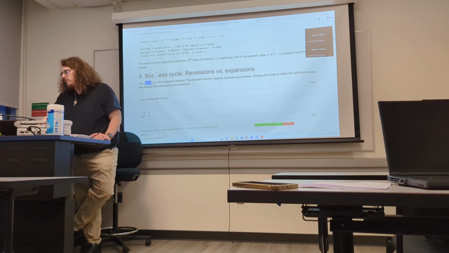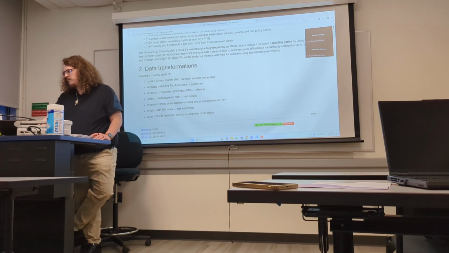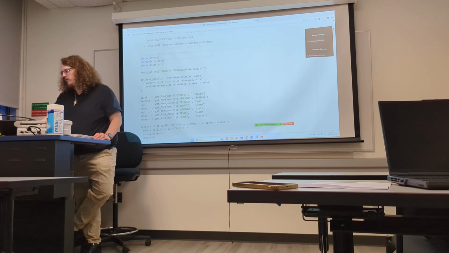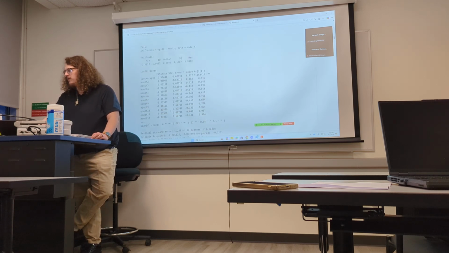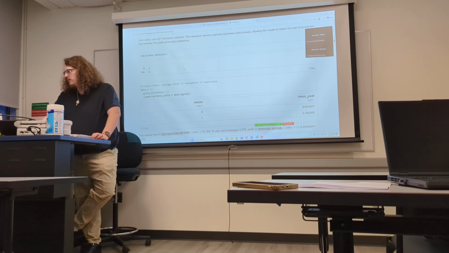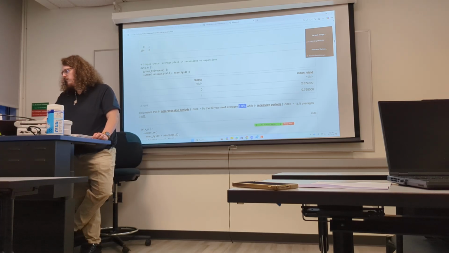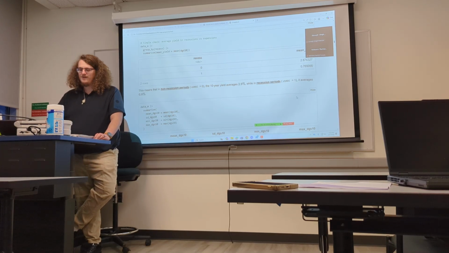I used US rec, which is this NBER recession variable, to model when the recession was on and off. And when I did this, I got an average of about a 2.9% yield in non-recessionary periods and a 0.8% yield in recessionary periods.